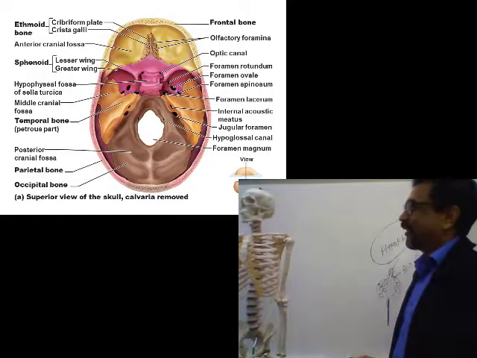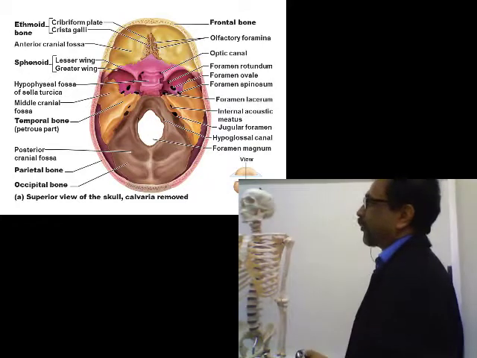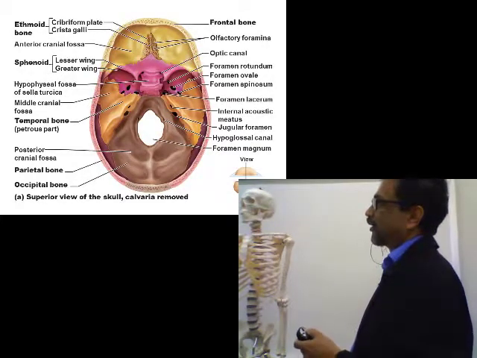So now let's see. You remember the upper middle portion of ethmoid is the crista galli, this extended part. So you can see crista galli there. In the top left, you see the ethmoid bone, crista galli.